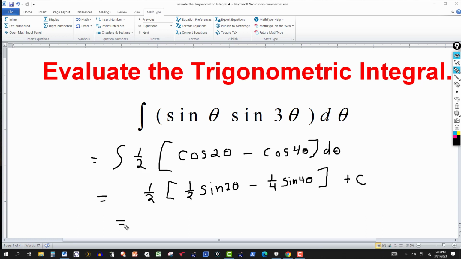And we just simplify this. This is equal to, multiply now by 1/2. This will be a 1/4 here, sine of 2 theta, minus, multiply by 1/2, it'll be a 1/8 here, sine of 4 theta.